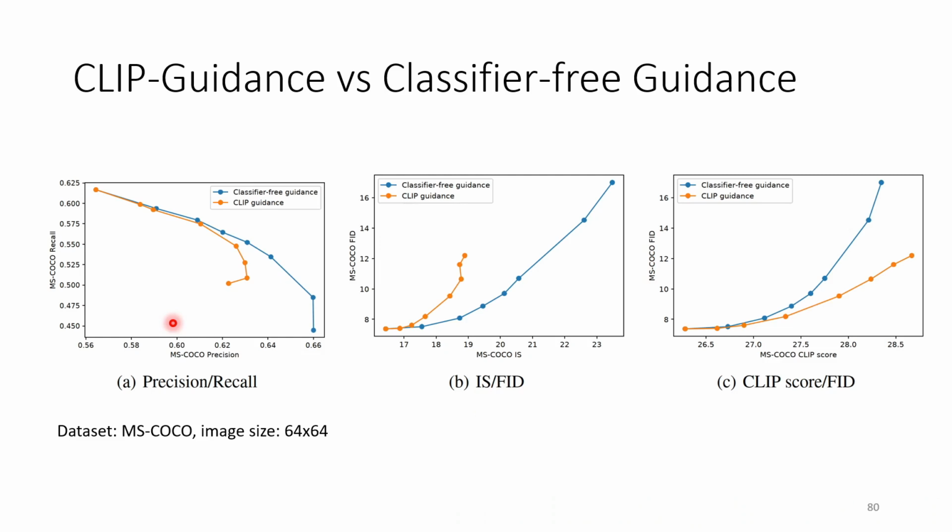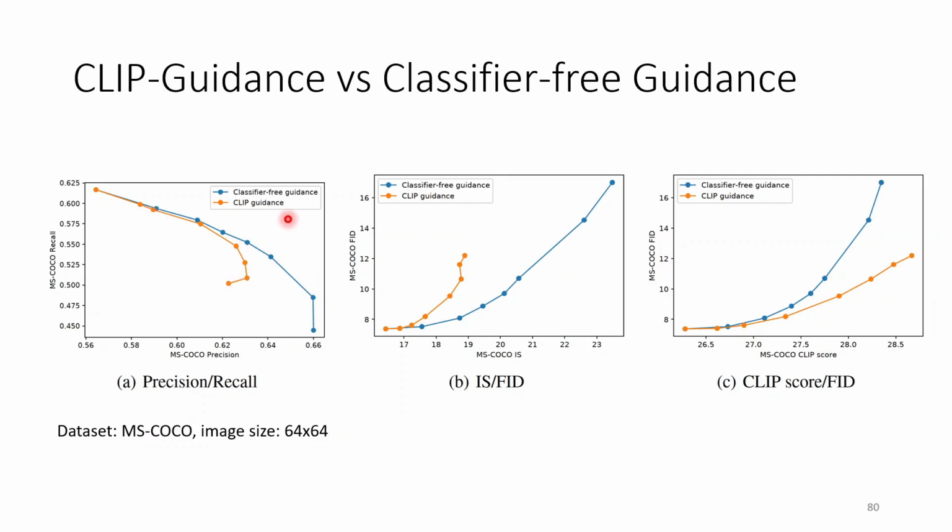And they compare the performance between the two different guidance methods. One is CLIP guidance, and another is classifier-free guidance. Okay, so let's see the precision and the recall. So this is the classifier-free guidance. For precision and recall, for both numbers, the higher the better. It means when you see different settings, the blue one performs better than the original or orange one.